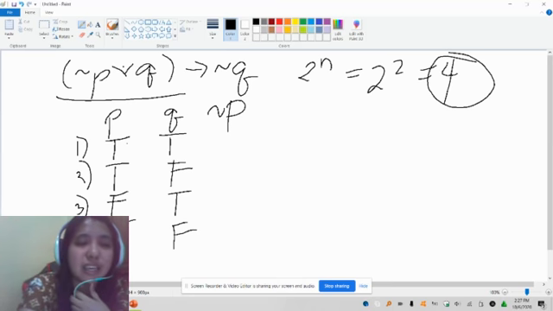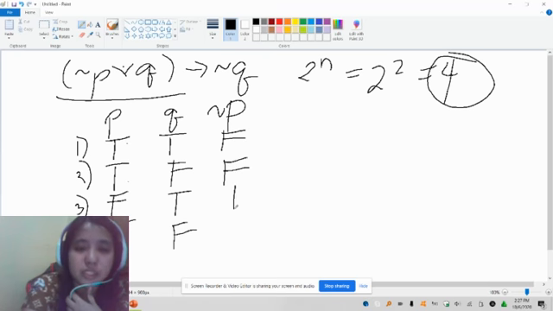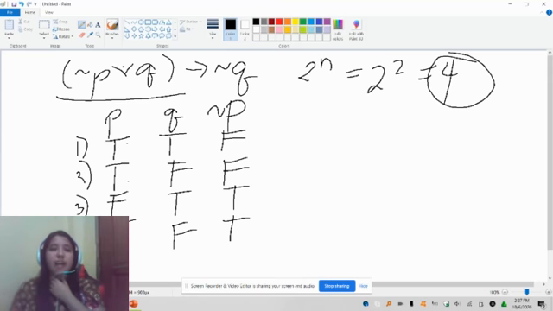So we have T, T, F, F. T will be converted into F, or negated, so it's F, F. And then false is true, and another false is also true. So we have the negation of P. It is F, F, T, and T.